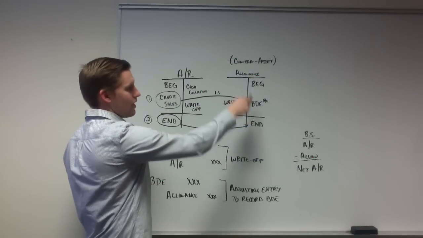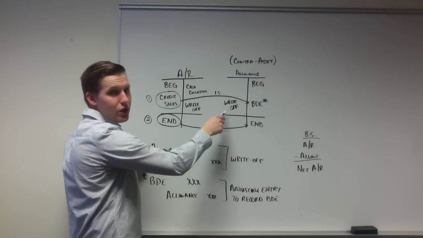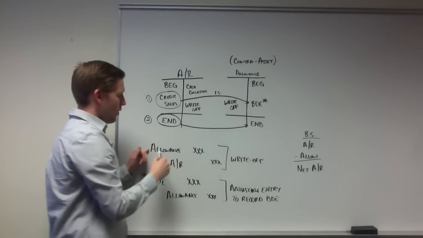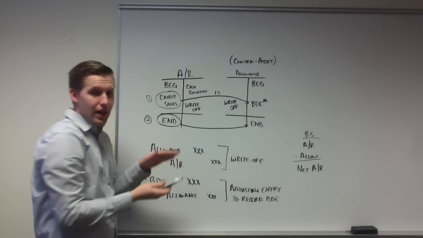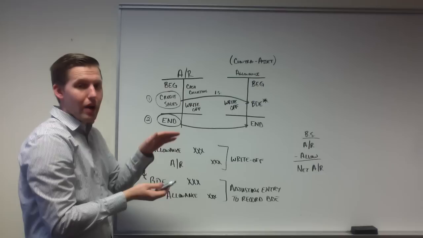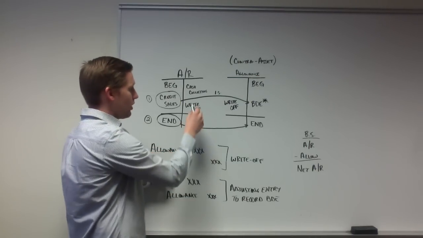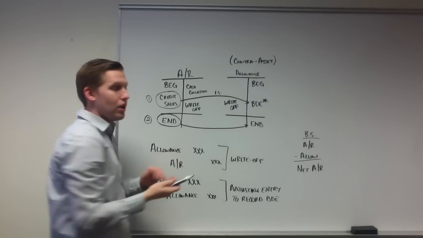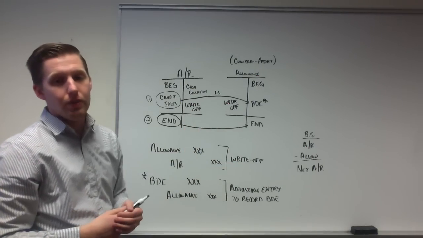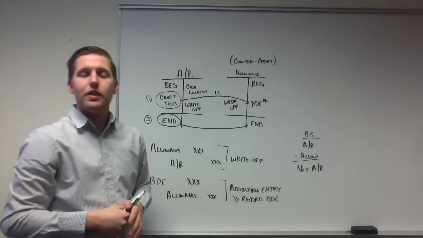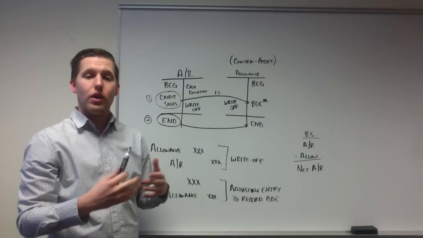Remember, the allowance is a natural credit, which means it decreases with a debit. So I'm decreasing the reserve account. I'm making it smaller. I'm drawing from the reserve. And I'm decreasing accounts receivable. I'm writing off that customer's account. So that's kind of the idea behind what's going on.